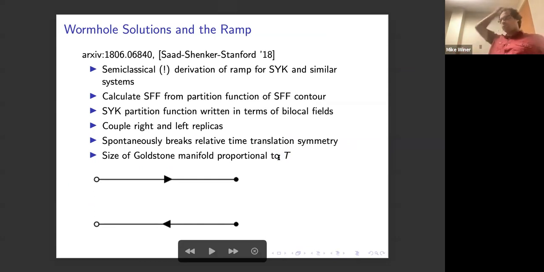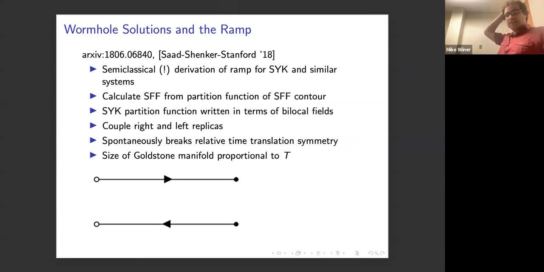It's the group of all SU2s acting on the two replicas at different frequencies. And so the longer the time is, the more different frequencies there are. So you have more and more spontaneously broken SU2s. And so the phase space volume you integrate over becomes exponentially larger. So that's why you get an exponential ramp.